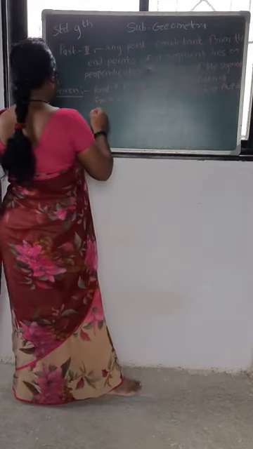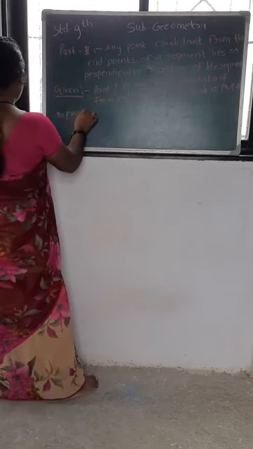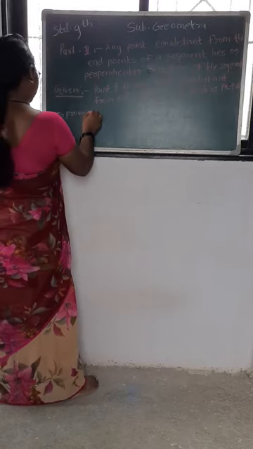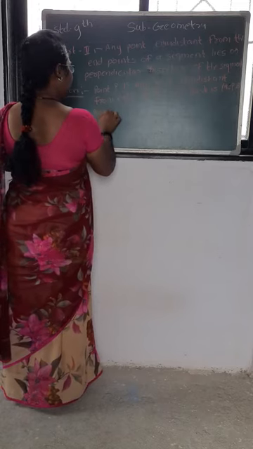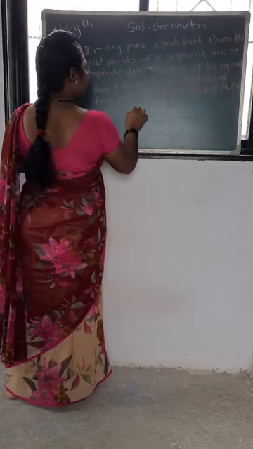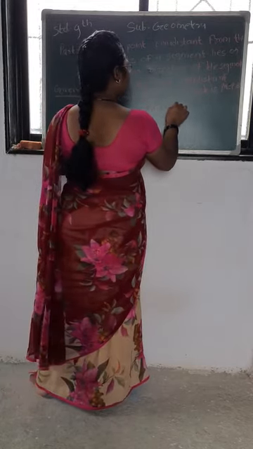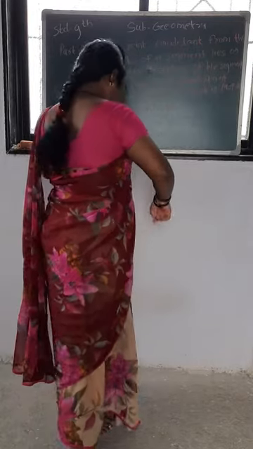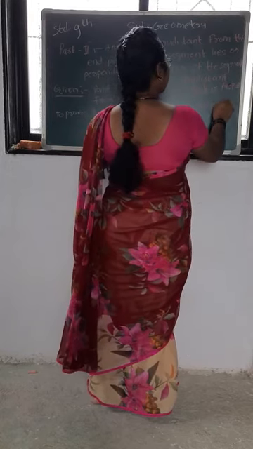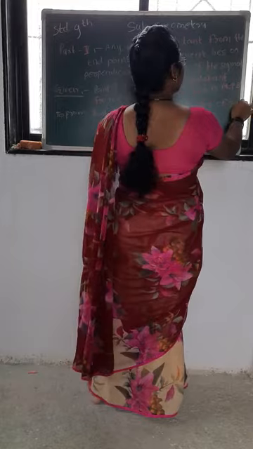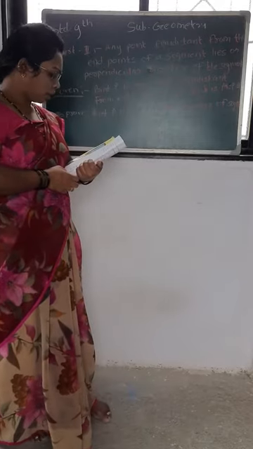To prove, we have to prove that point P lies on the perpendicular bisector of segment AB.